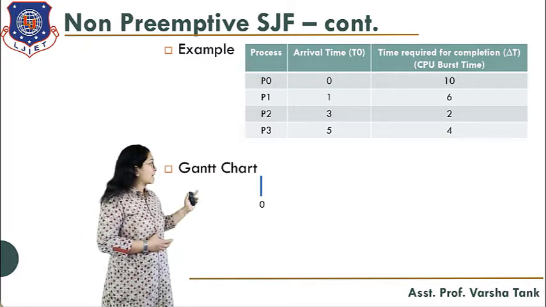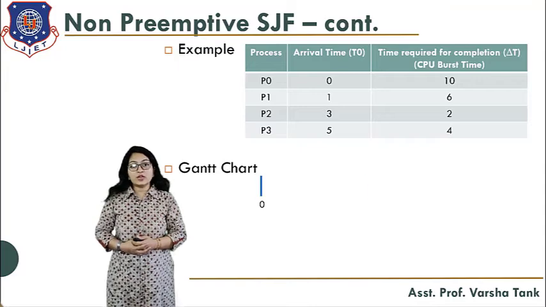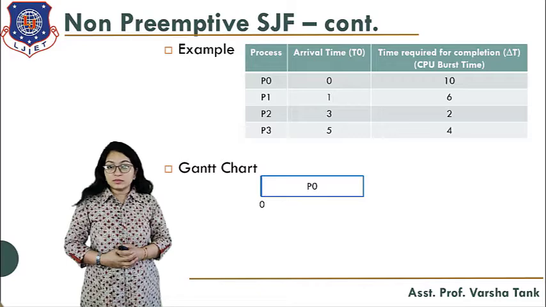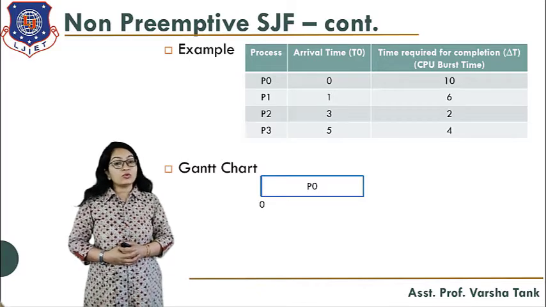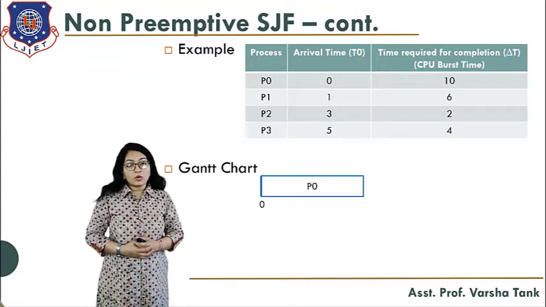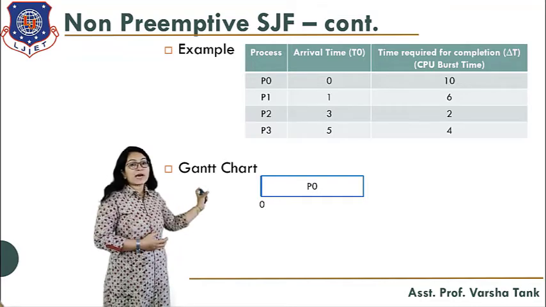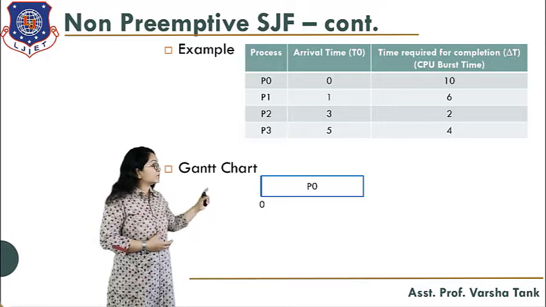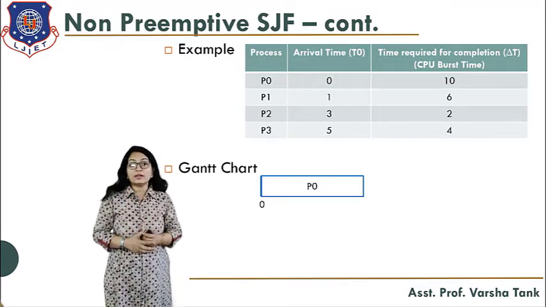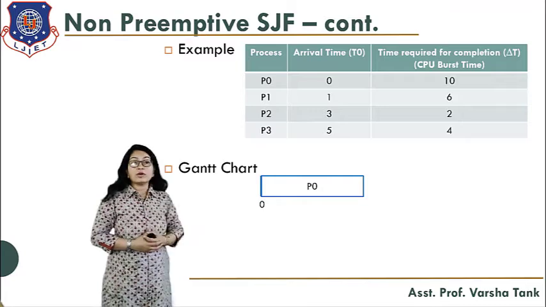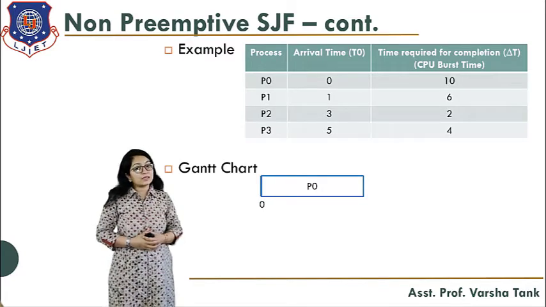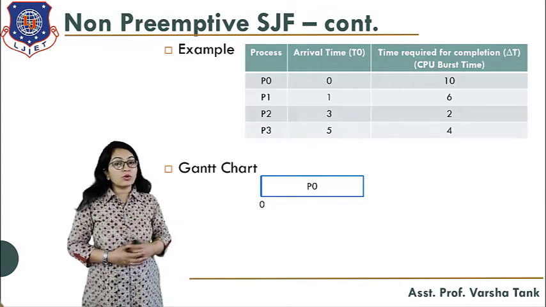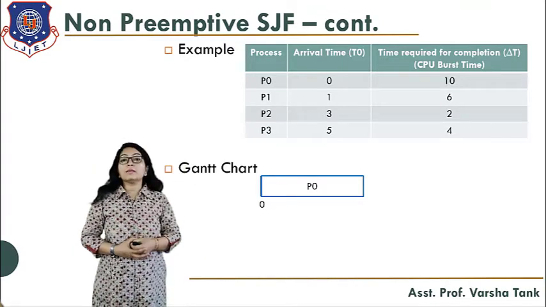So first of all, let's start from 0 on this timeline chart. Here process P0 arrived at time 0. At time 0, no other process is there, so we assign this process to the CPU. P0 will go for execution. At time 1, another process P1 comes with a lower burst time, that is 6, but we are still not able to preempt the CPU from P0 because we are following non-preemptive SJF.